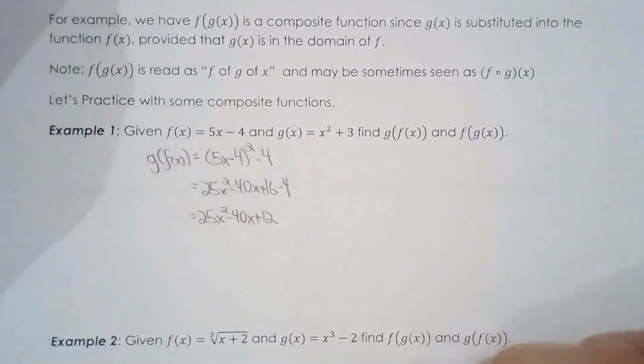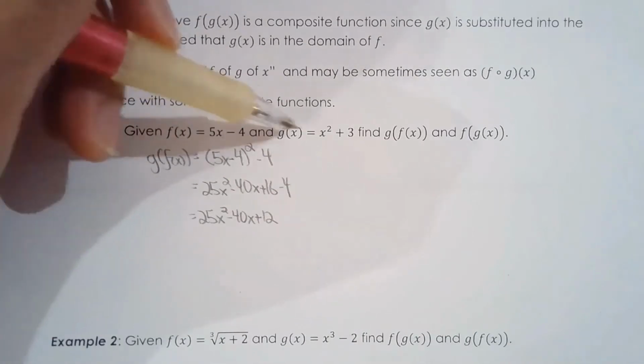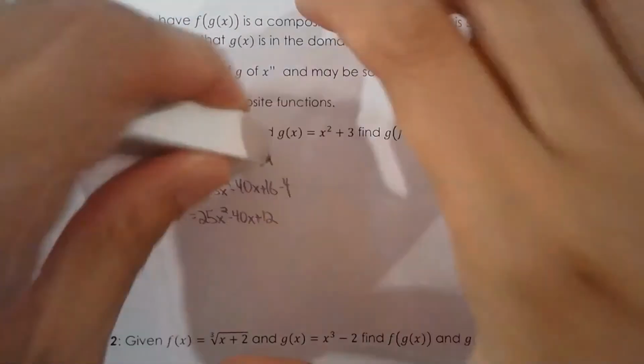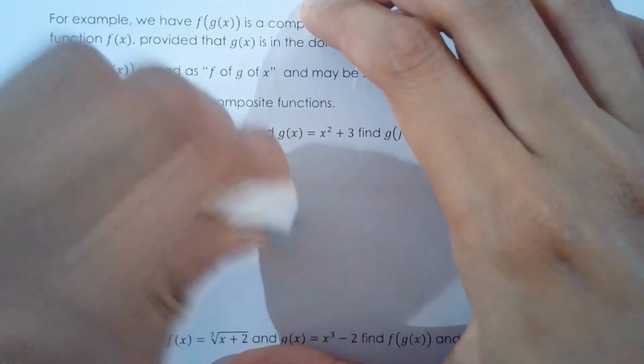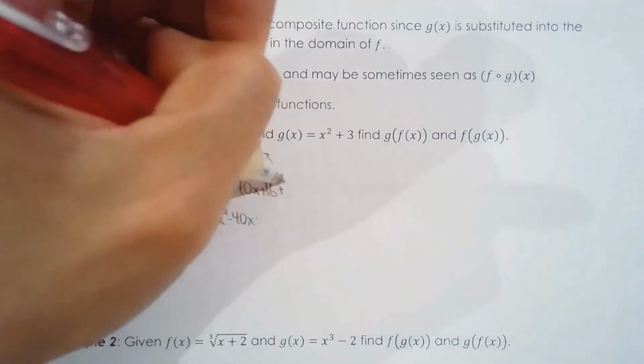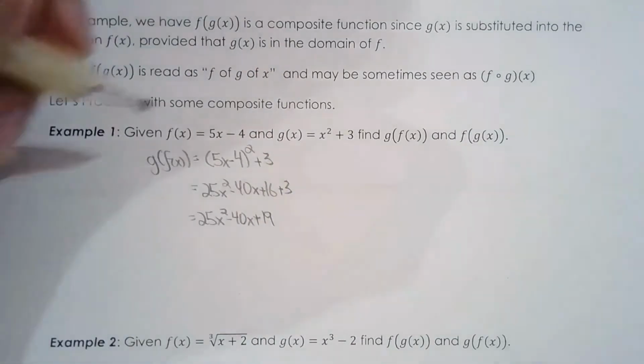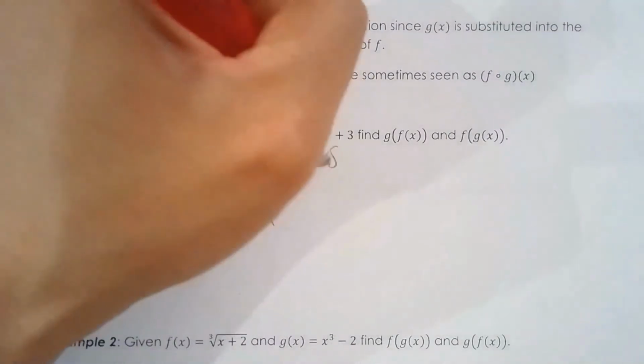Okay, there's g of f of x. Oops, g of x is x squared plus 3. Okay, there we go.